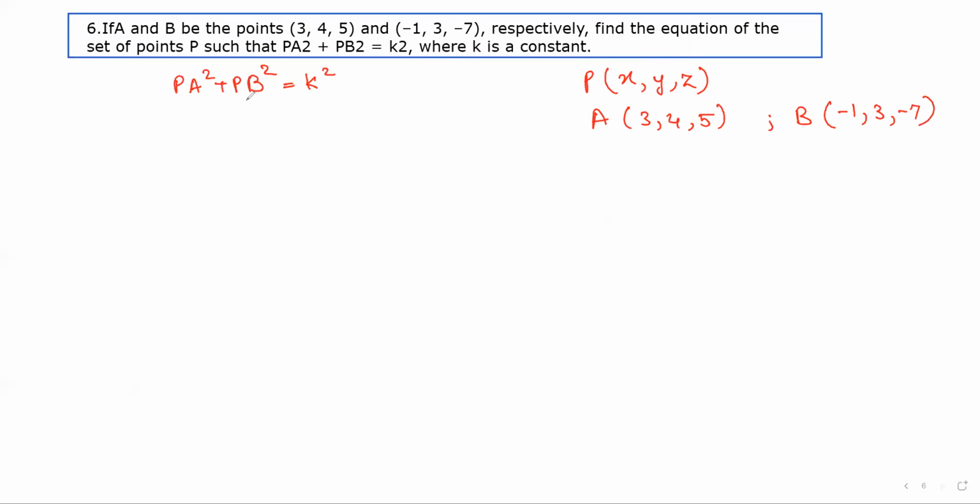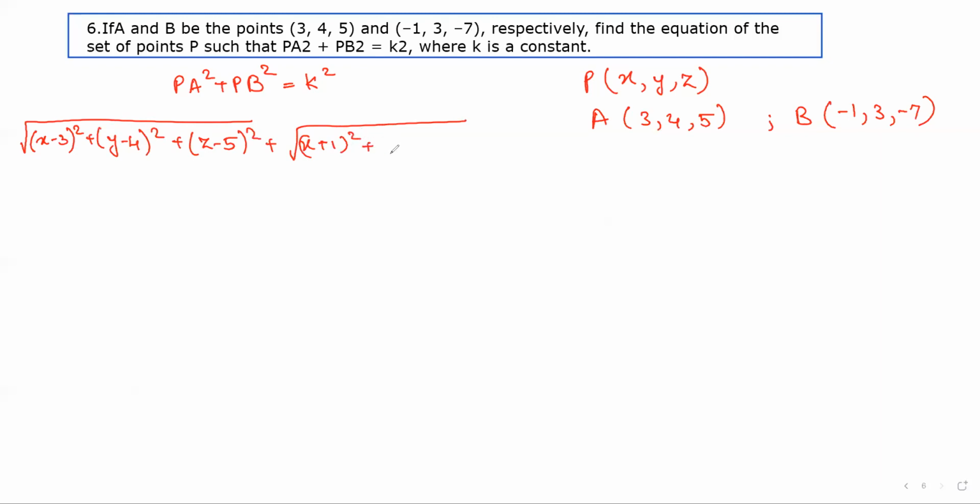Now, what you can do is take PB to the other side. It's PA square, so let's directly calculate it. PA will be root of x minus 3 whole square plus y minus 4 whole square plus z minus 5 whole square, plus PB square will be x plus 1 whole square plus y minus 3 whole square plus z plus 7 whole square, is equal to k square.